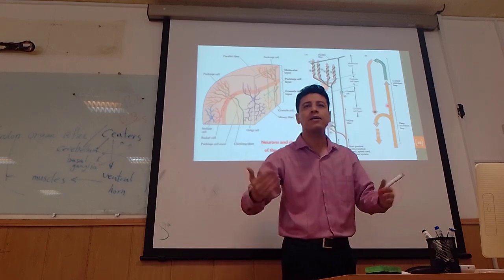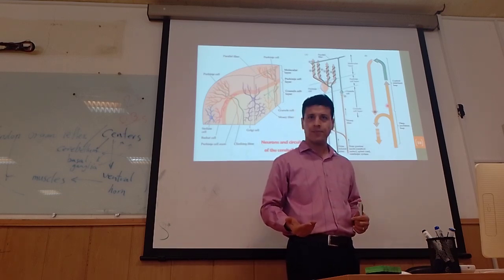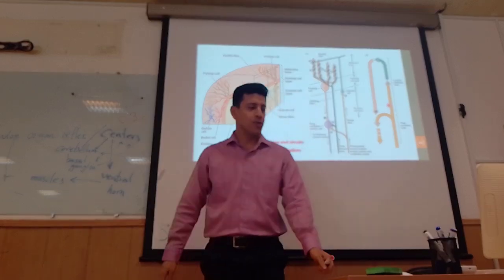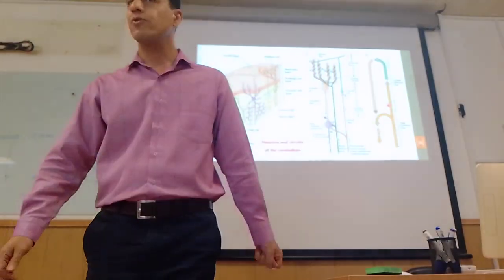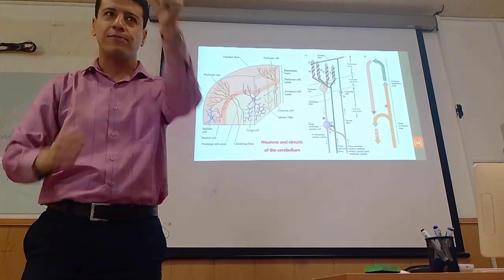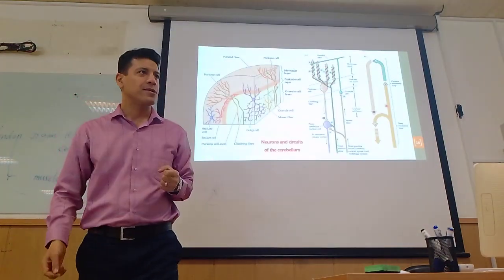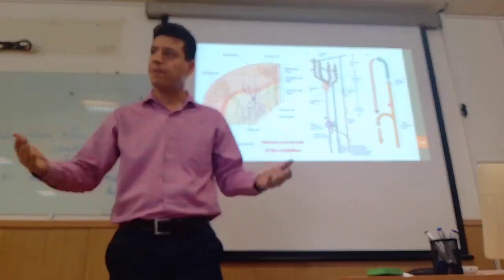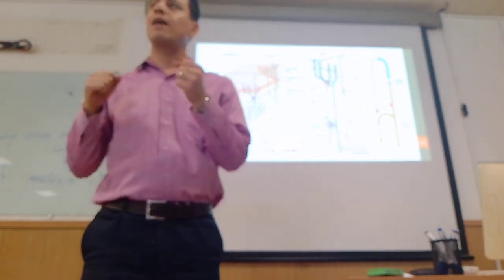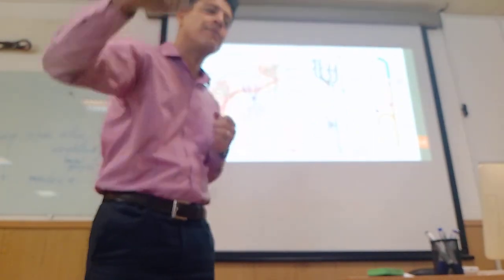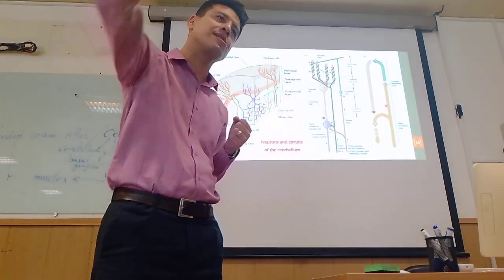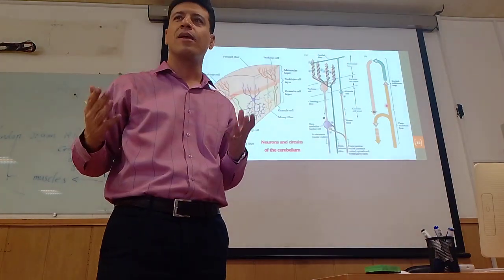Okay, so this is the learning of the movement. So for example, you are taking boxing lessons. First, when you are a beginner, you hit the person, for example, in 0.3 seconds. Slow.